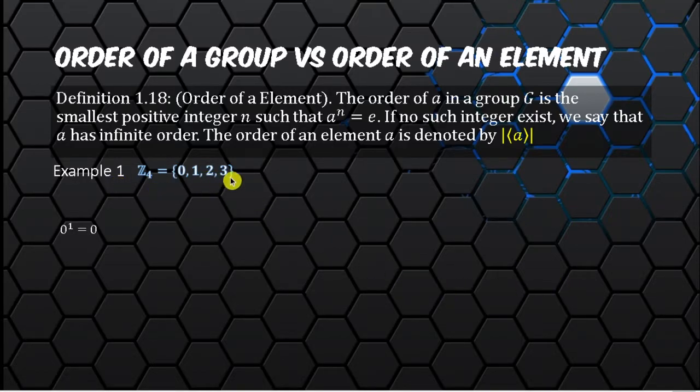So let's use the same examples para hindi masyadong maraming confusing examples. Since this is the set generated by the element 0 and Z sub 4, addition modulo 4 ulit tayo, yung order niya ng element 0 ay 1.